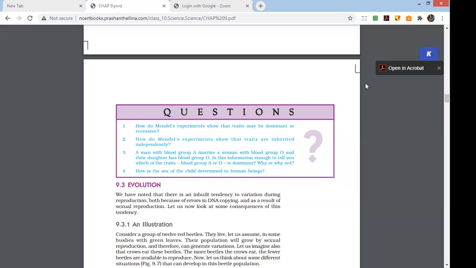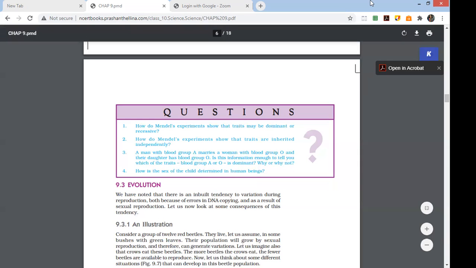So male is forming two types of gametes, X and Y, while the female is forming only one type of gamete, X. So if this female gamete fuses with the X of the male, then this is going to form a female child. But if this female gamete having the X chromosome fuses with the Y gamete of the male, then such a zygote will develop into a male.